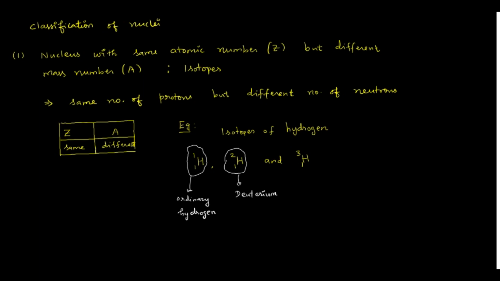Okay, this is an isotope of hydrogen. And we have a third one, this is called tritium. So these are the three isotopes of hydrogen. Now what is the difference? Suppose you take ordinary hydrogen, that is hydrogen itself.